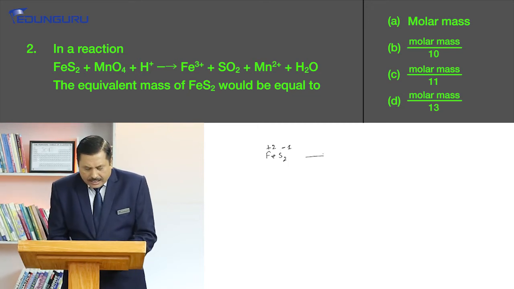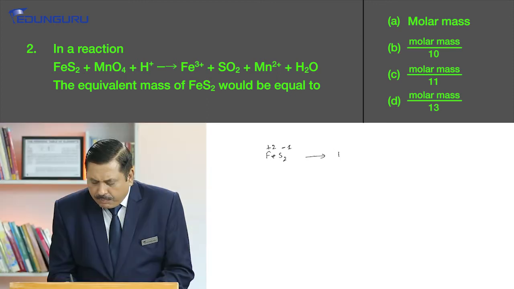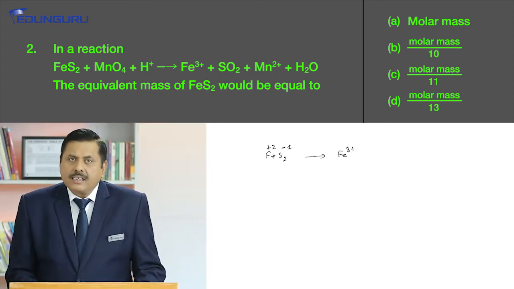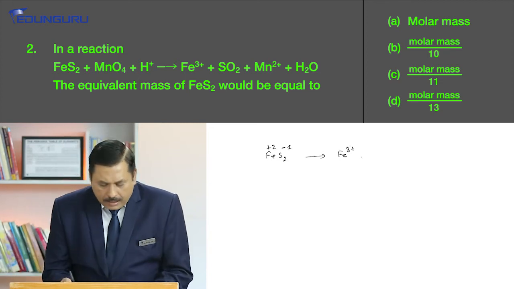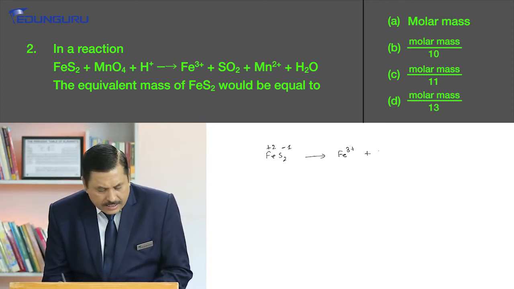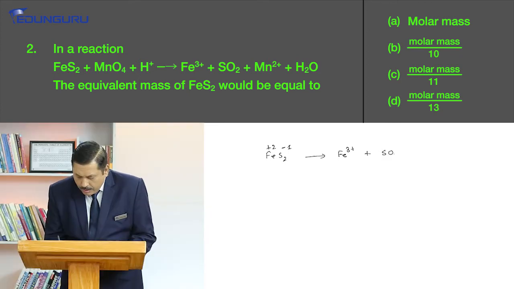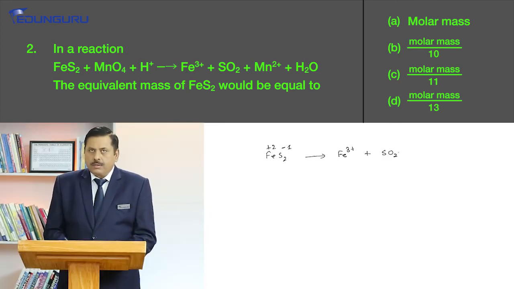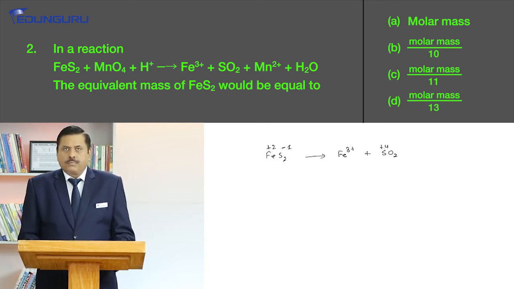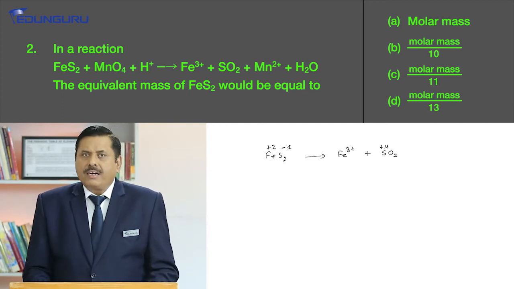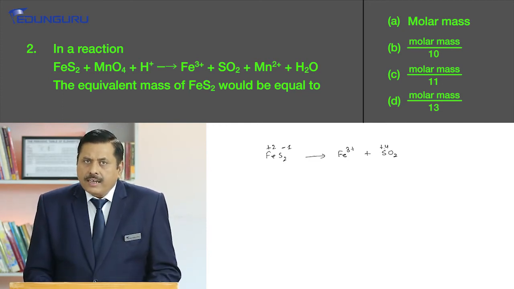While after reaction, iron is getting converted to Fe3 plus and sulfur is getting converted to SO2. On right hand side, oxidation state of sulfur is +4. So let us try to find out what is the N factor of FeS2.